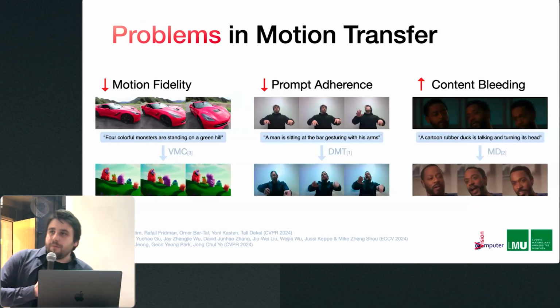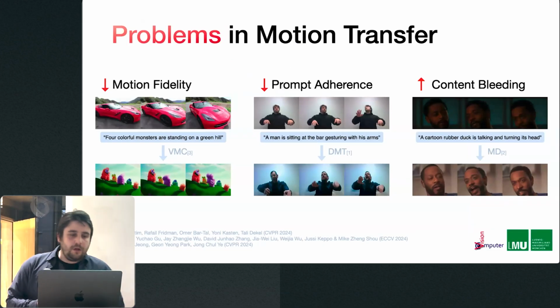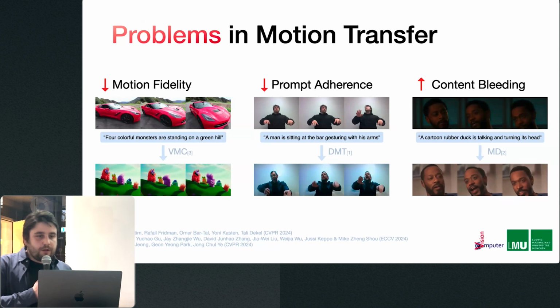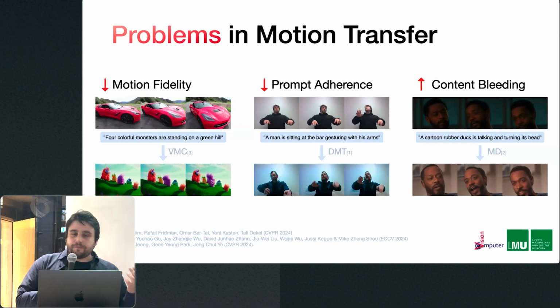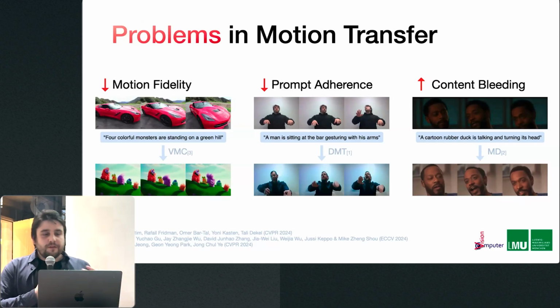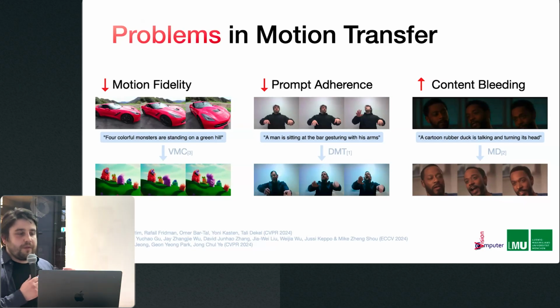But this comes with a few problems. Because for existing work, the motion representation is so inherently fused together with the structure of the video, there is usually a trade-off between the motion fidelity and the adherence to the target prompt, essentially.